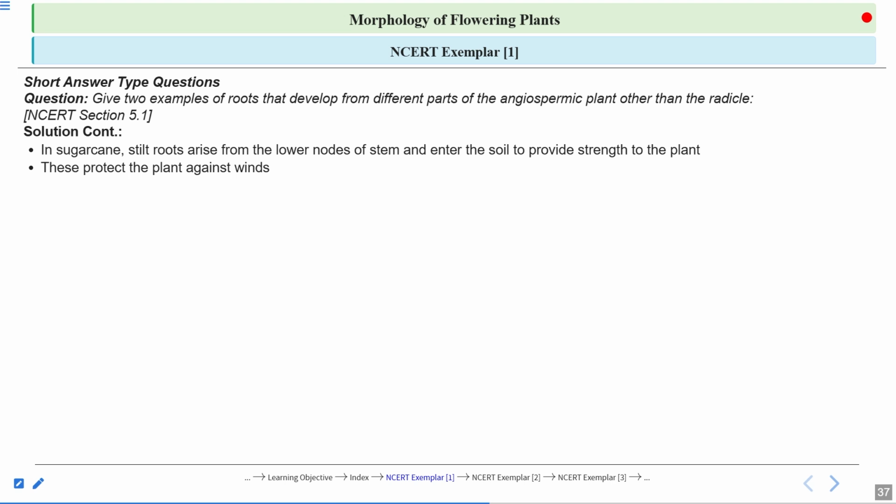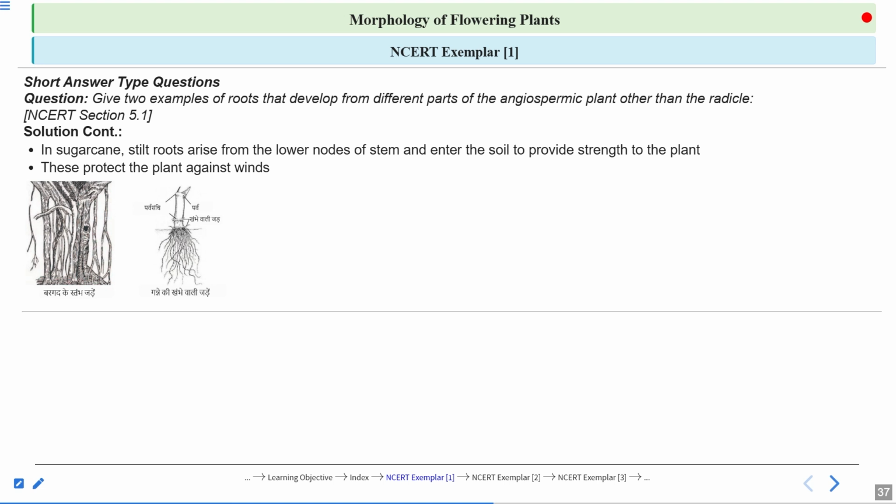These protect the plant against the wind because these are weak plants, right? Wind can damage them and they can droop down. But these stilt roots hold the plant firmly and make it stand erect even in high wind speed, right?